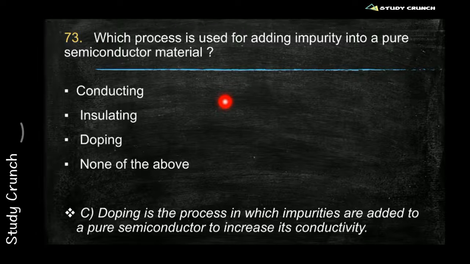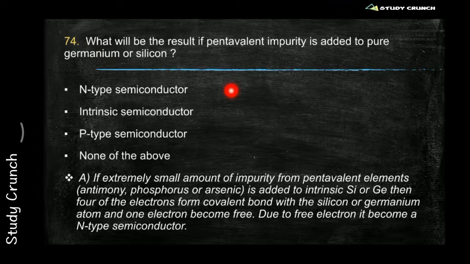Next, which process is used for adding impurity into a pure semiconductor material? So basically, doping is the process which is known to add impurity into a pure semiconductor to increase its conductivity. Next, what will be the result if a pentavalent impurity is added to pure germanium or silicon?